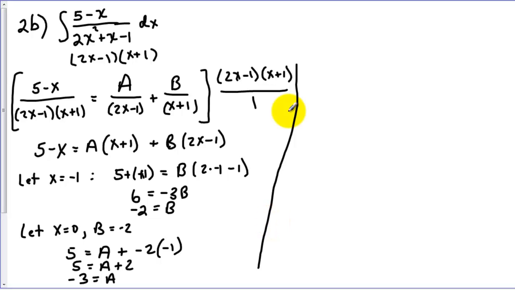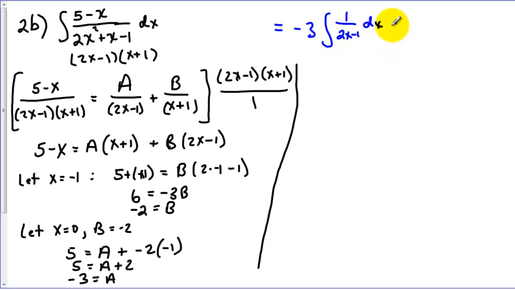So now let's break our integral into 2 integrals using our 2 partial fractions. And again, I'm going to move the a out front. So a is -3. So I have -3 integral of 1 over 2x minus 1 dx.